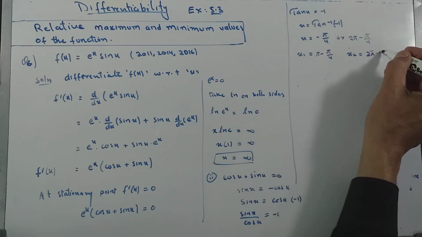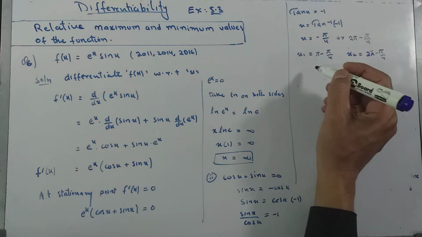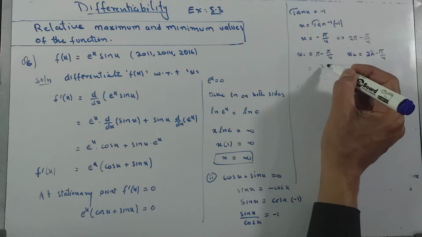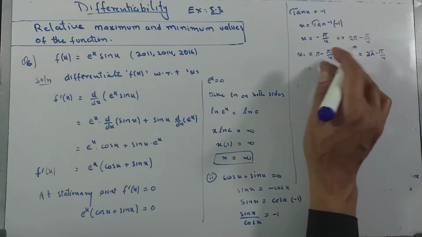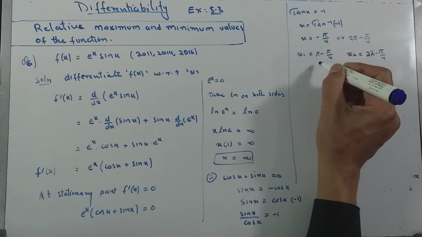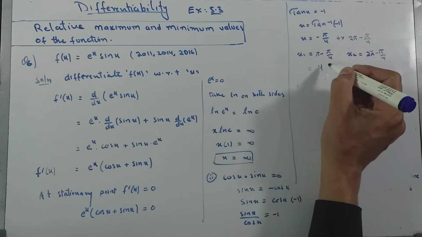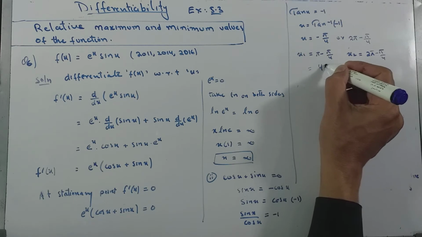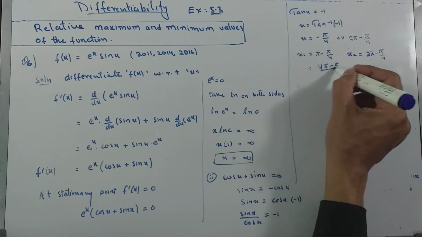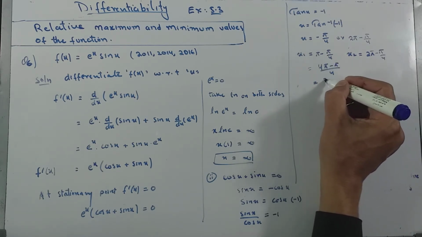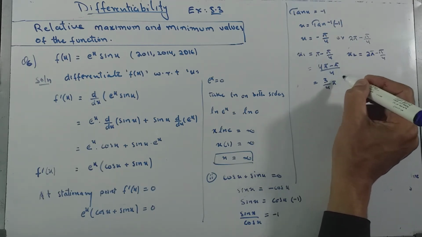Now here is the 3 pi. It will become 4 pi minus pi divided by 4, that will become 3 upon 4 pi.